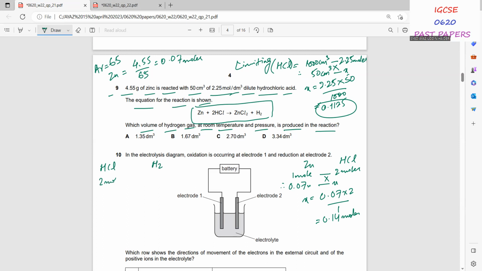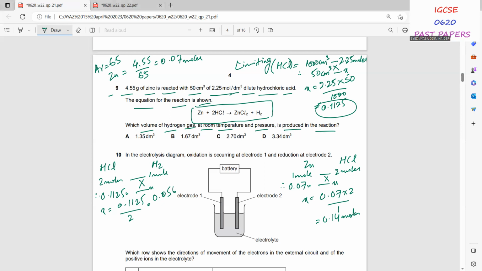Now, HCl, H2. 2 moles produces 1 mole of H2. Therefore, 0.1125 moles produces X mole. X is equal to 0.1125 divided by 2. 0.056.